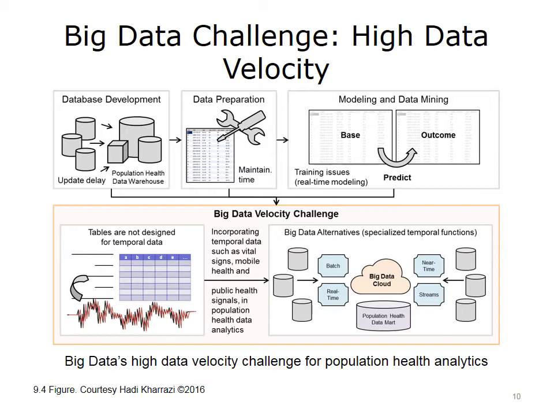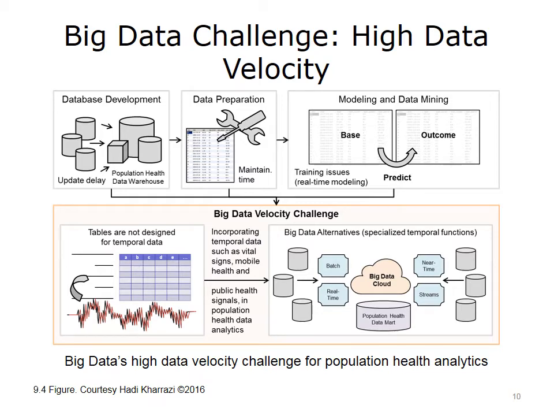As shown in the left side of the bottom diagram, relational databases are usually limited in storing and managing temporal data sets. Future population health data warehouses may include temporal data generated by remote devices and mHealth solutions. Big data platforms and solutions should become more mainstream in such conditions. The big data alternatives include temporal data sets and platforms that are designed to receive, process, and analyze temporal data in real time.